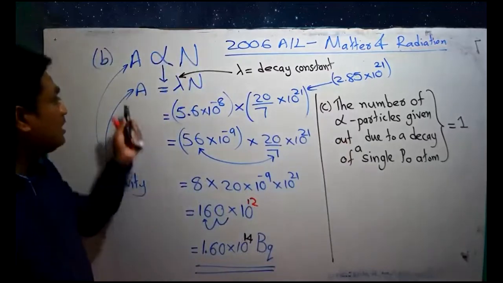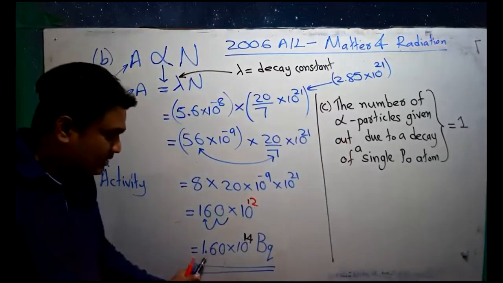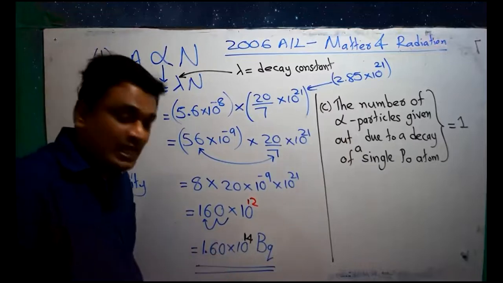Now, how many polonium atoms decay per second? 1.6 into 10 to the power 14.